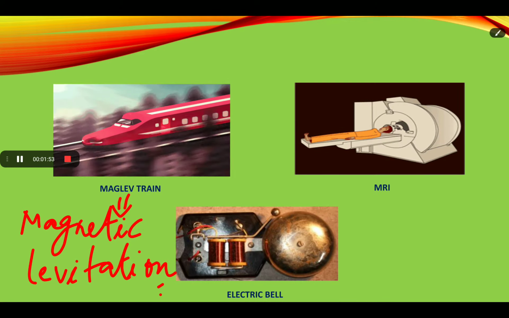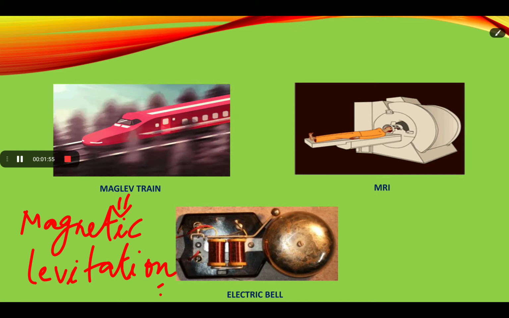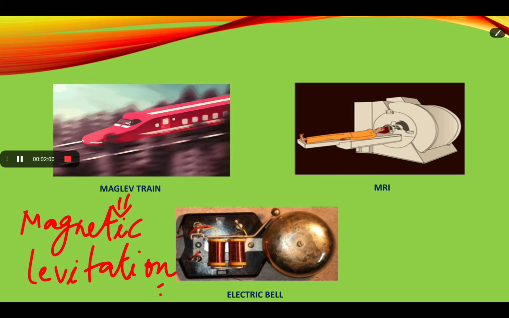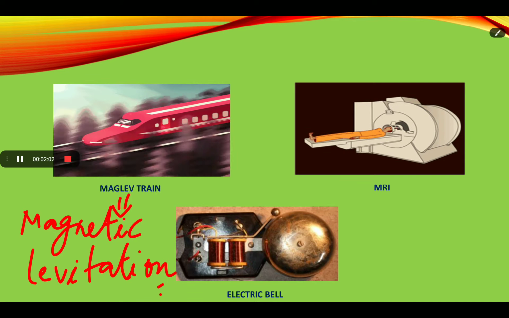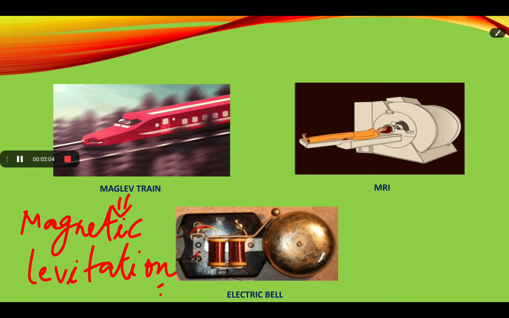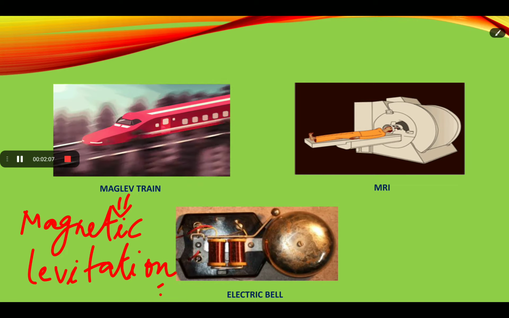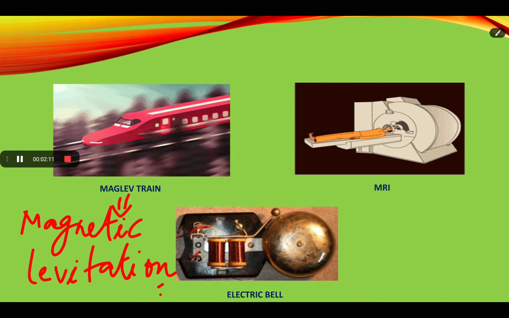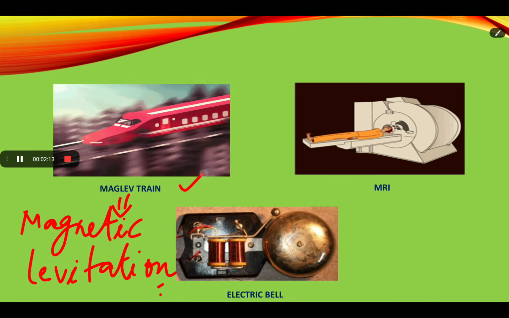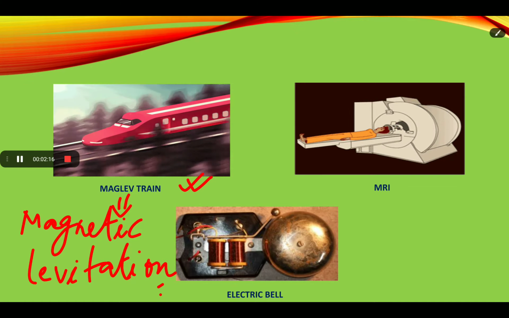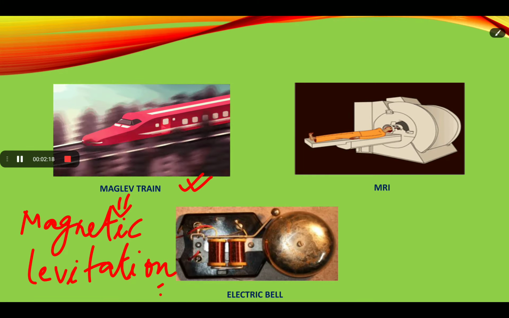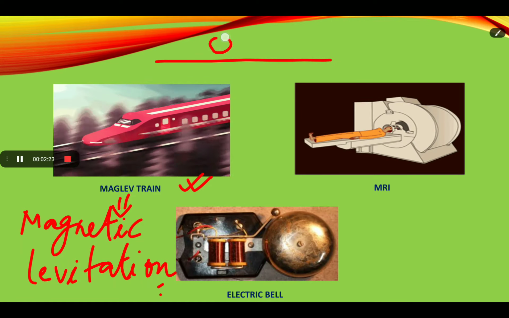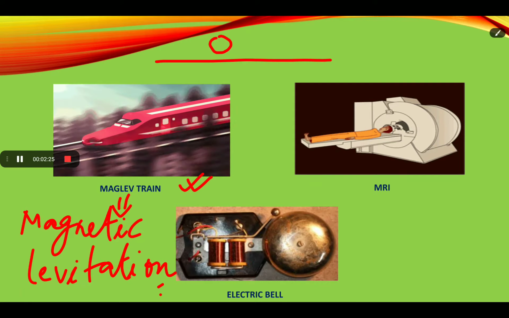Now, students, you know that when anything is floating in the air, it is called levitation. And when something floats using a magnet, it is called magnetic levitation. In the case of this maglev train, which we can also call a bullet train, the track of the train and the wheels are not in contact with each other.